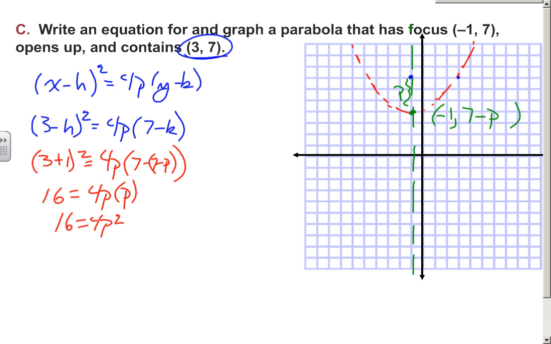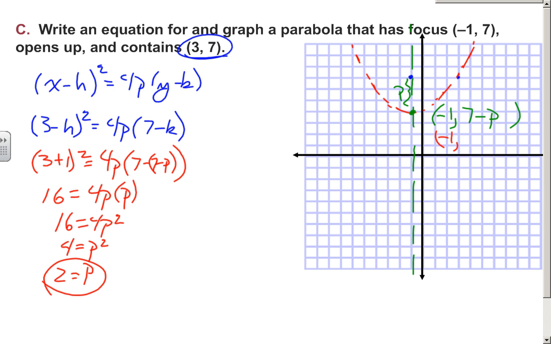Dividing by the 4, we have 4 is equal to p squared, and taking the square root, p equals 2. Now we know that this is open up, so we know that value of p is a positive value in this case. So now that we know p, we should be able to write the equation of this line, because that gives us the vertex now.